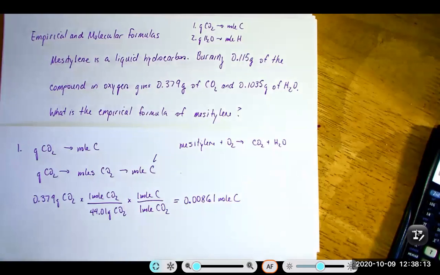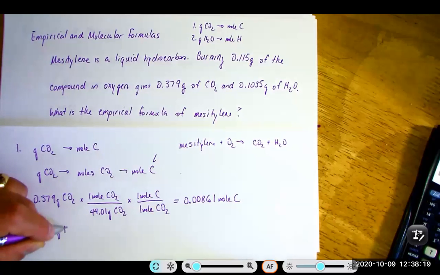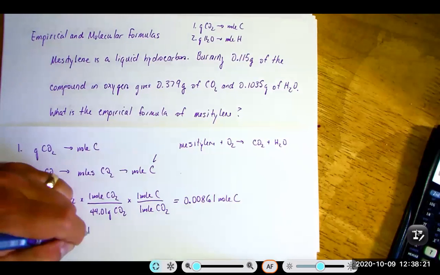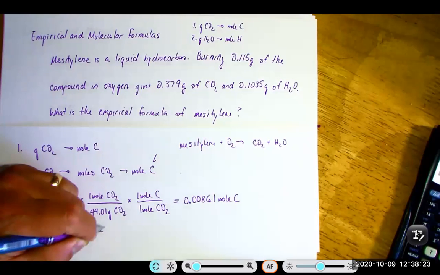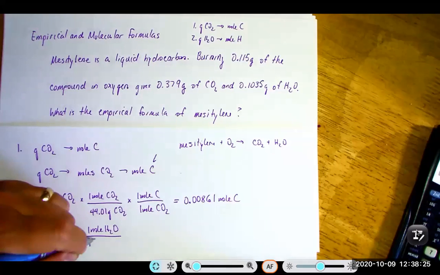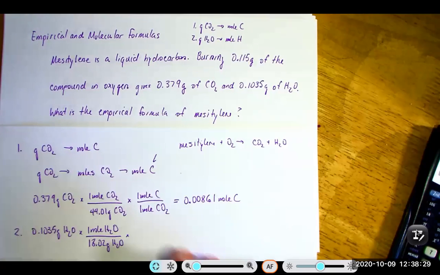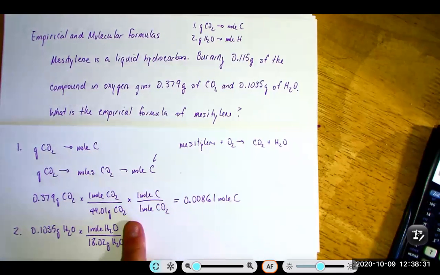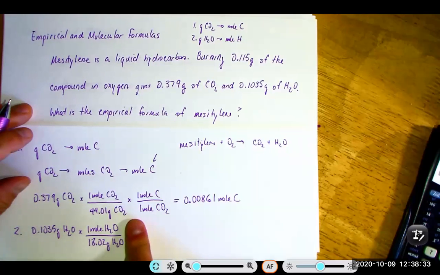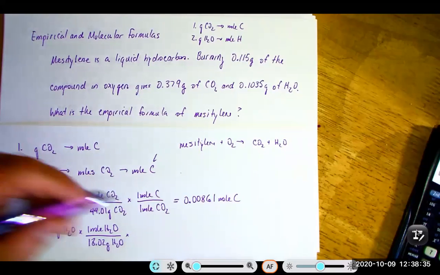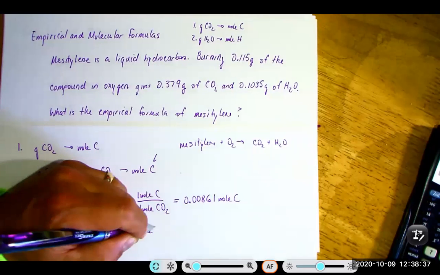So the second thing we do is we take the 0.1035 grams of H2O, multiply by 1 mole of H2O per 18.02 grams of H2O. And if you stop here, it turns out that the moles of H2O do not equal the moles of hydrogen. So we're going to do this.